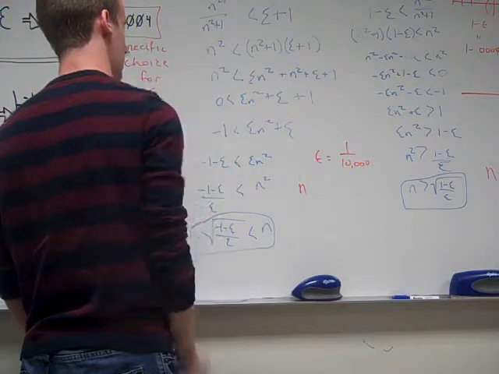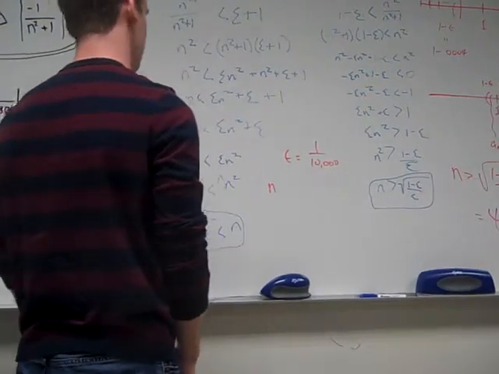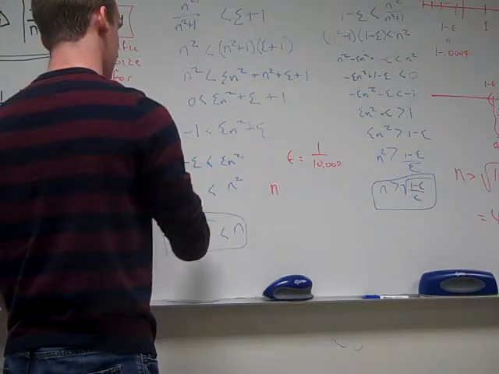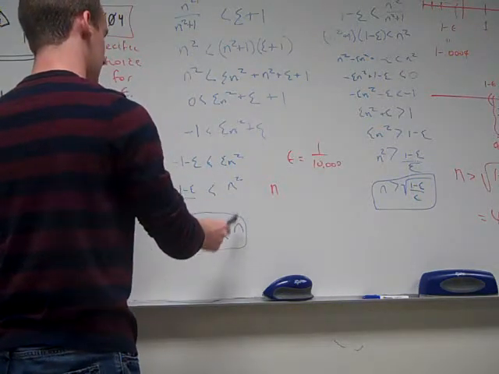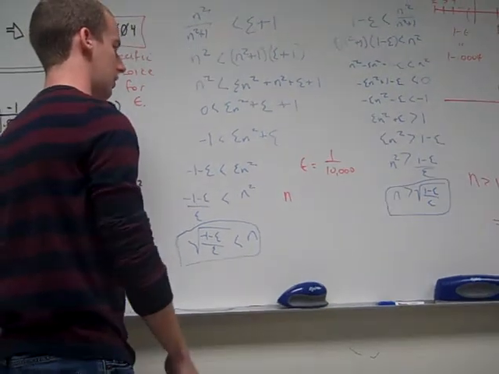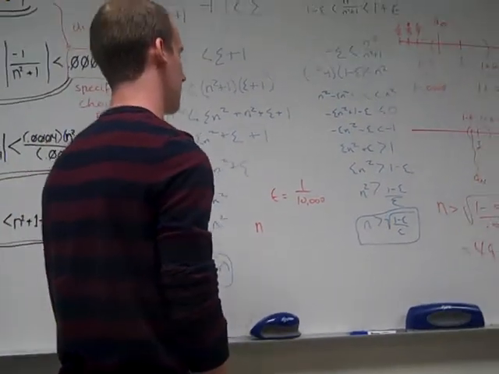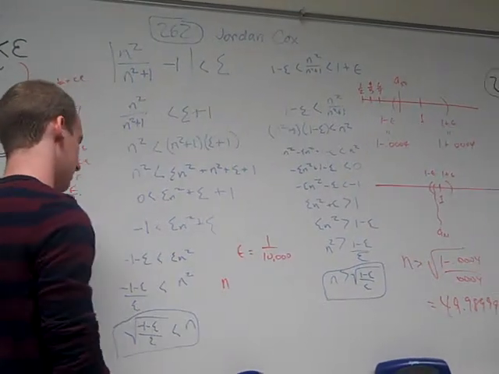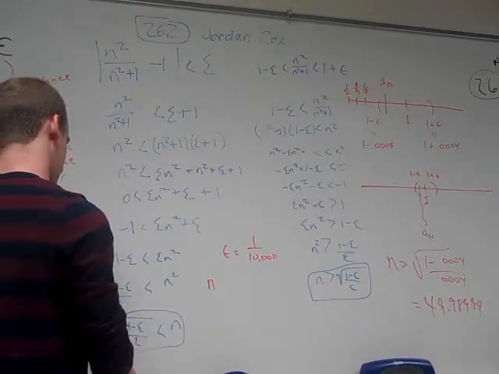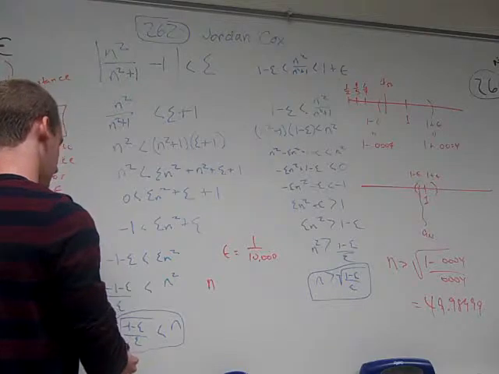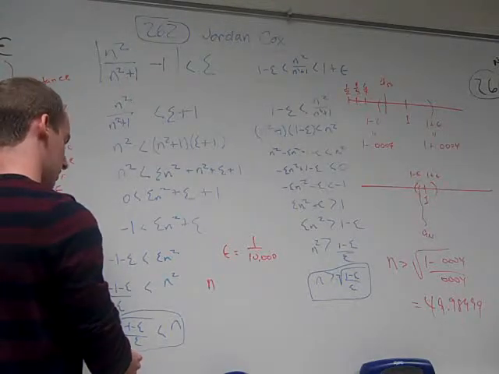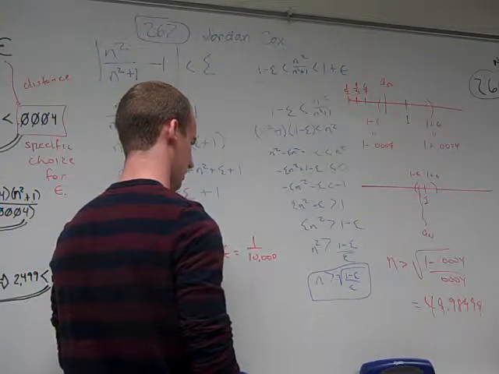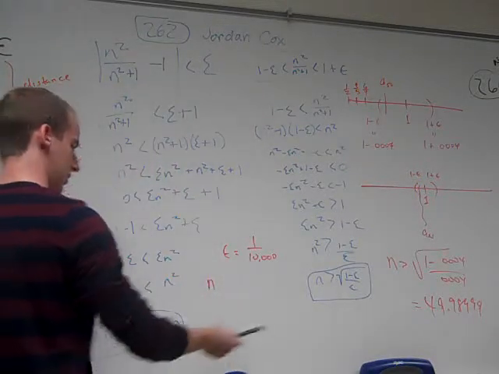I got negative 1 equals n squared times e, subtracting e, divided by e, and then square rooted to get a value for n. And I did the same thing over here, and I just got n is greater than the square root of negative 1 minus e over e, and n is greater than the square root of 1 minus e over e. Again, this is the negative 1 and the positive 1.